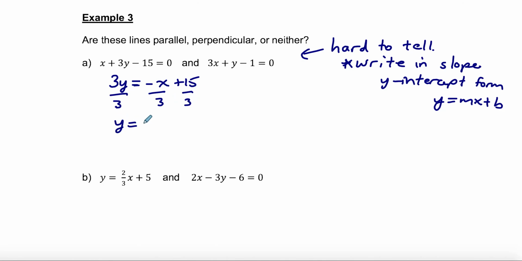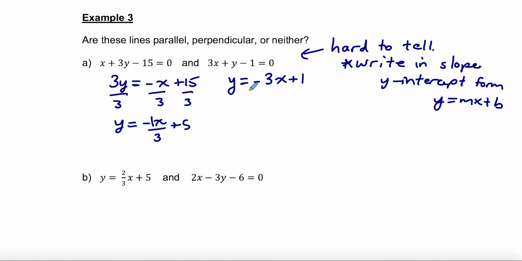So y equals -x/3, which would be -1x/3. 15 divided by 3 is 5. So there's my equation for the first one. The second one, if I isolate the y and I move the x term to the other side and the -1 to the other side, I see my slope here. So the question is, are these two lines parallel? I have -1/3 for this slope and -3 for this one.